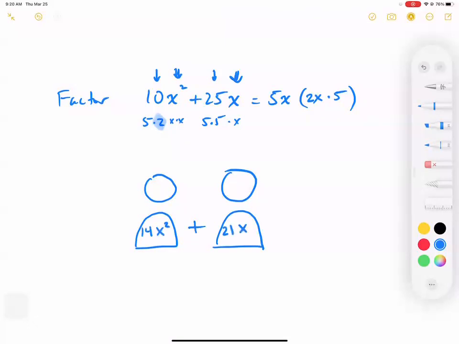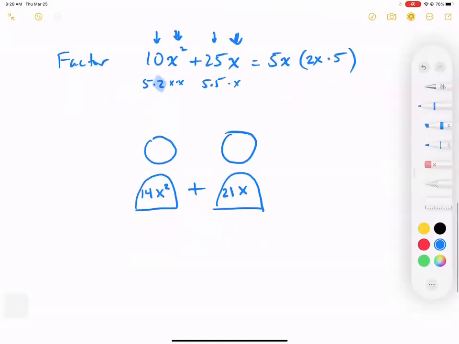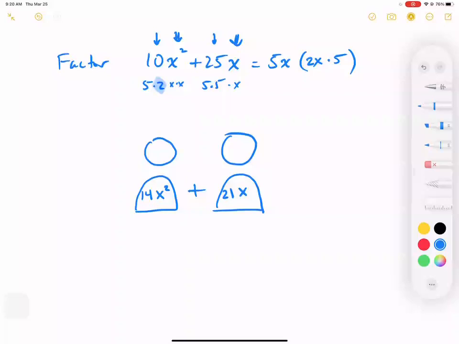Okay? And I want you guys to tell me, what do they have in common? Normally, this is an elementary thing where, oh, they have the same color pants, the same color shirt, the same color hat. But in this, us looking at numbers, what numbers can I say they have in common and they can share?